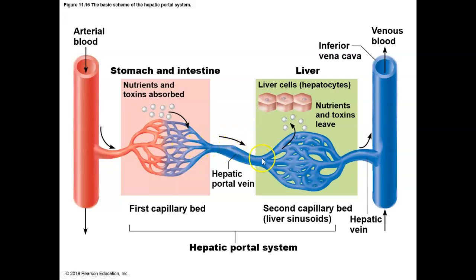So it's oxygen poor, but it has a lot of nutrients. So these nutrients and potential toxins leave the capillary bed and move into the liver in the second capillary system. And then the blood leaves through a hepatic vein to the inferior vena cava. This keeps those nutrients in our system so we don't lose them all.